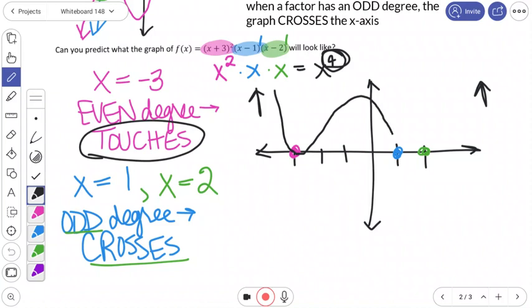But then I know I have to go down through an x-intercept at positive 1, where it crosses my x-axis. And then I need to go back up so that I can cross this x-intercept again at positive 2. And then I'm finished. My ends are both pointing up. I've graphed all 3 x-intercepts. The first one only touches at negative 3 and crosses at positive 1 and positive 2.